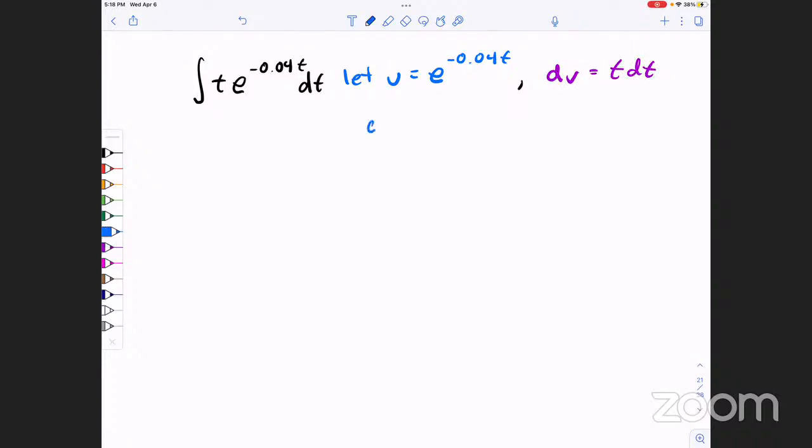So then that means our du will be itself, e to the negative 0.04 t, times the derivative of the power, which is negative 0.04. I'm going to give myself some space. This is basically just multiplied by this guy here.